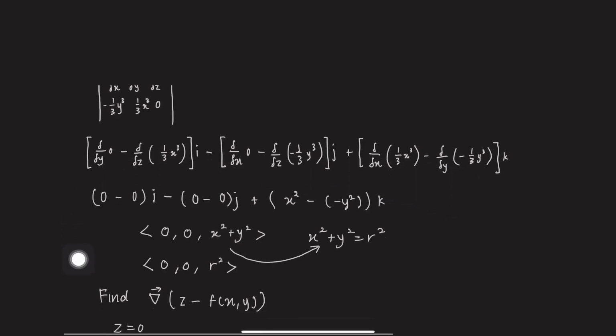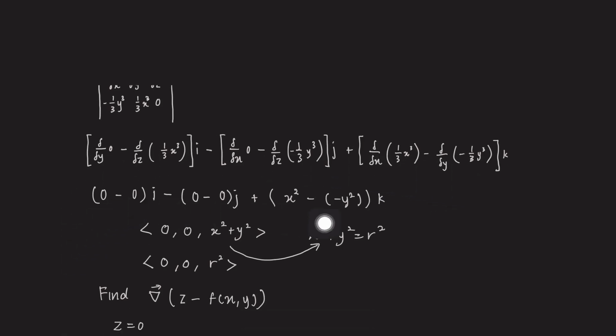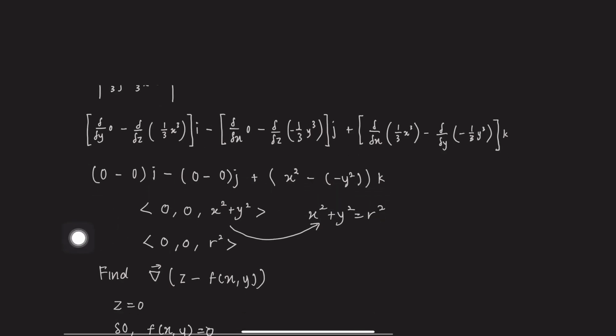Then we simplify it to 0 minus 0 i, minus 0 minus 0 j, plus x squared minus negative y squared k. Then we switch it into vector notation, which is 0, 0, x squared plus y squared. But remember that x squared plus y squared is equal to r squared. So we can write it again as 0, 0, r squared.